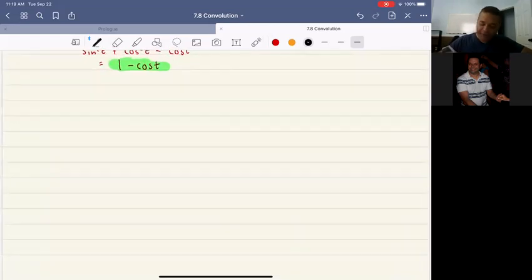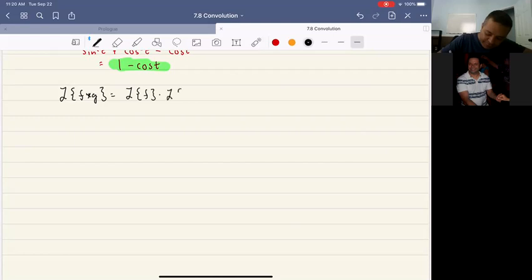It's also what makes convolutions work there too. What we're going to show here is that L of f star g equals L of f times L of g.